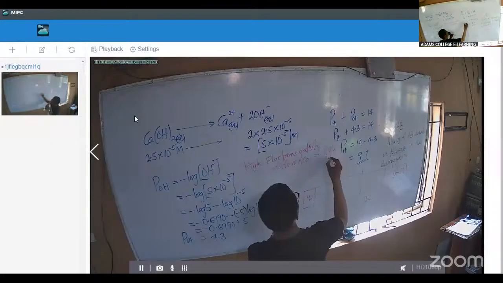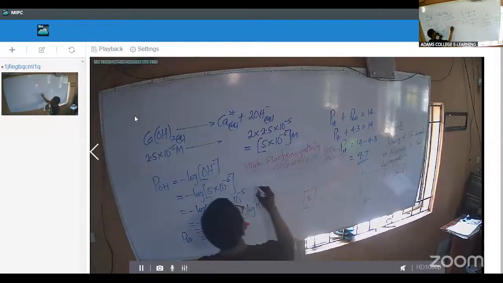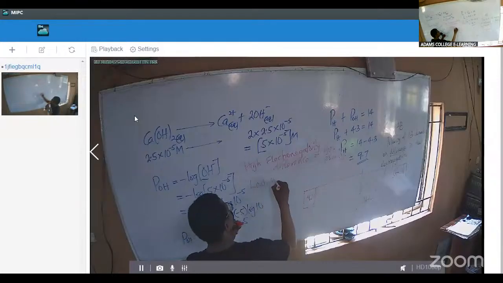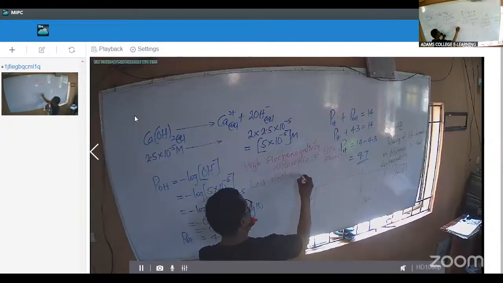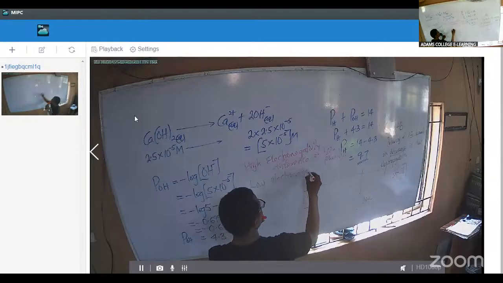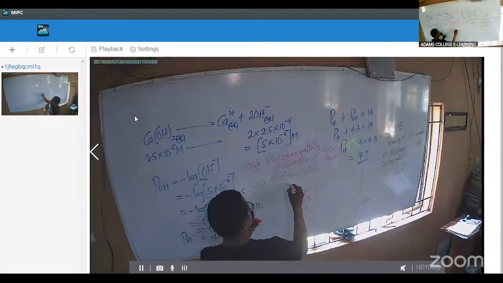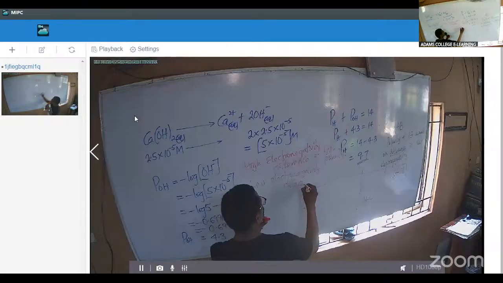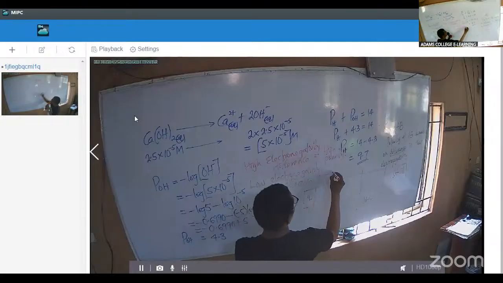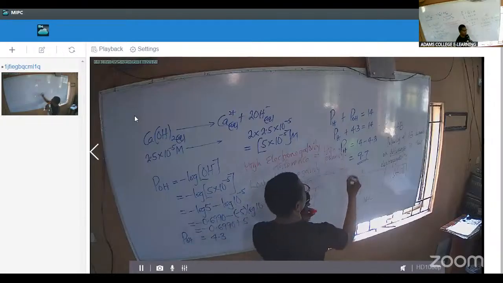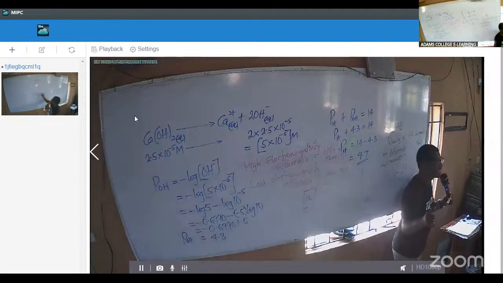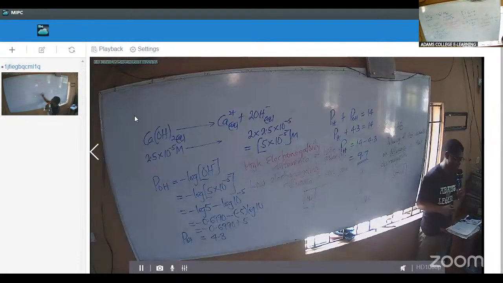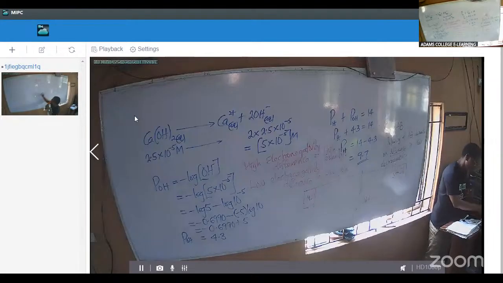Then low electronegativity difference equals low polarity. So in other words, the further away we are in the periodic table, the higher our polarity.